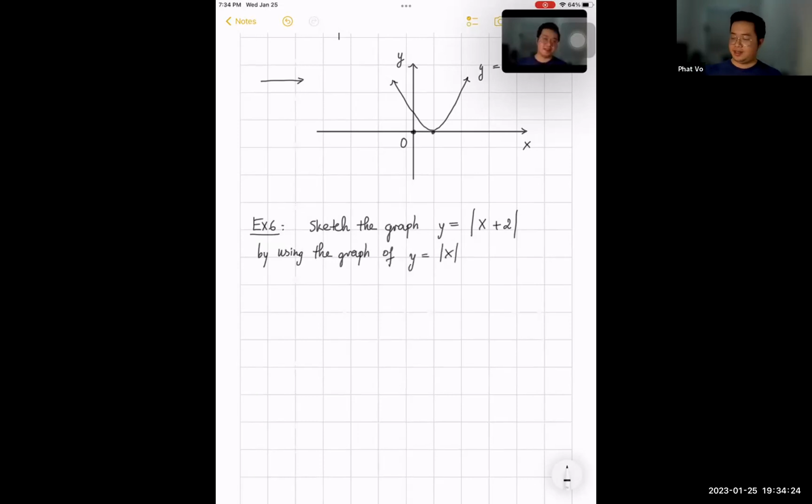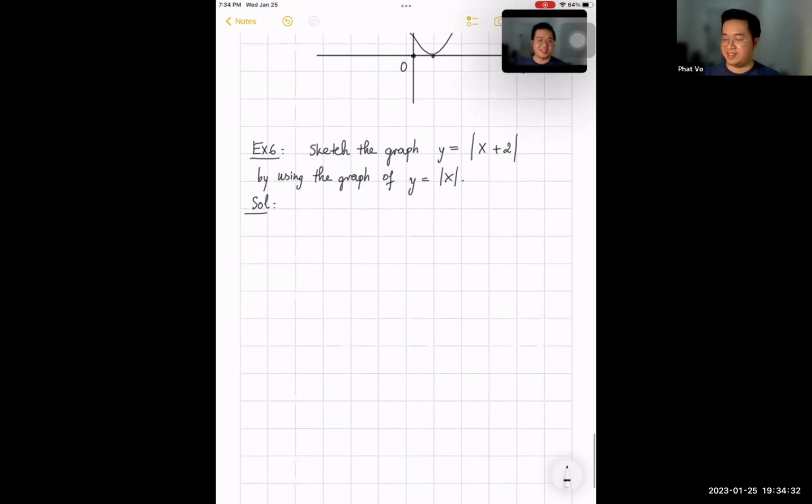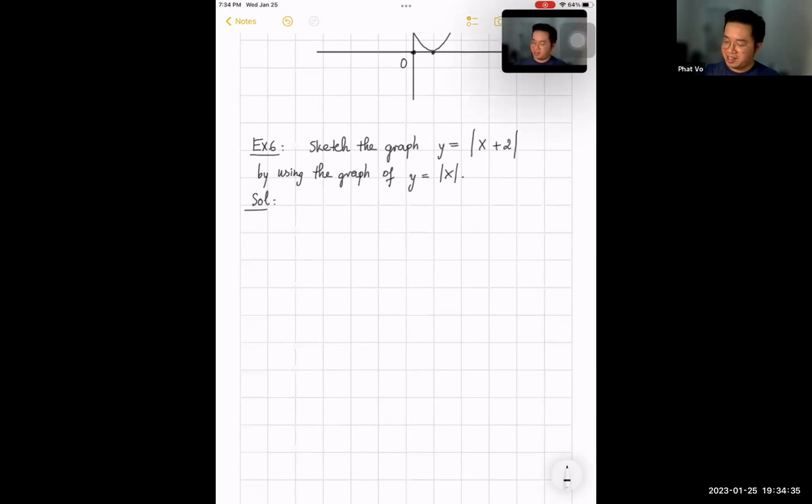I think the graph of absolute value of x is not difficult to sketch, right? But I will remind you, it's very similar to the way you graph all functions. You make a table of values, with negative numbers and positive numbers, and see what happens.